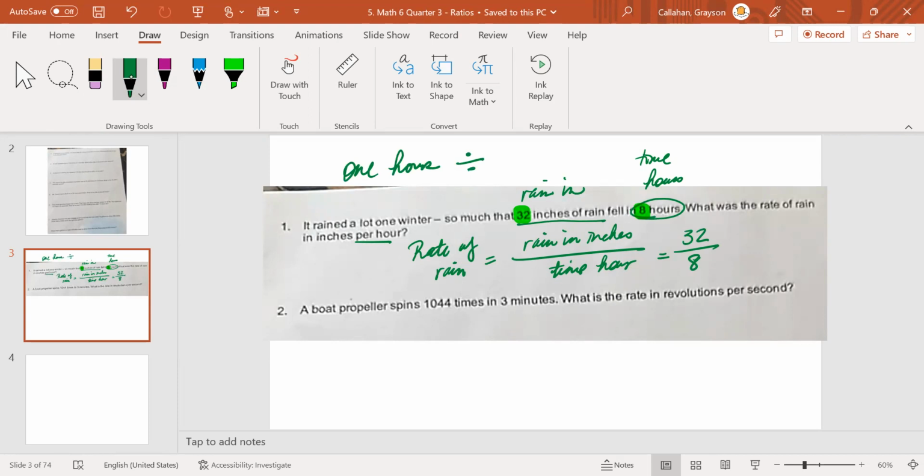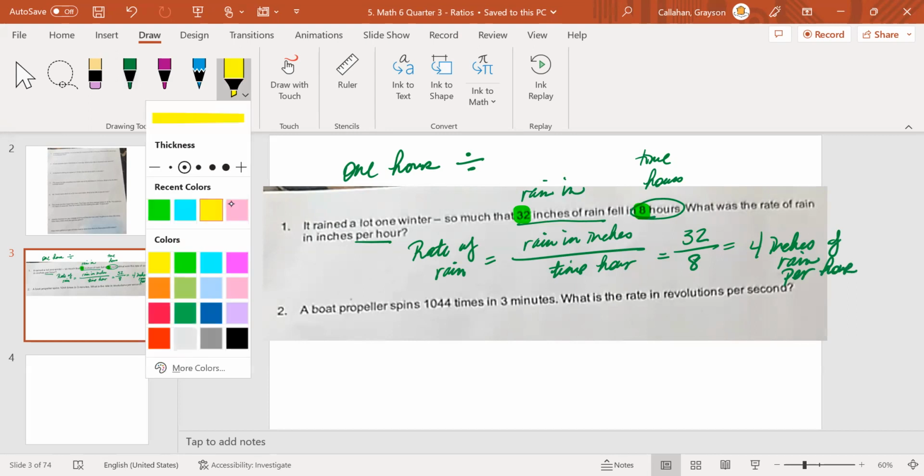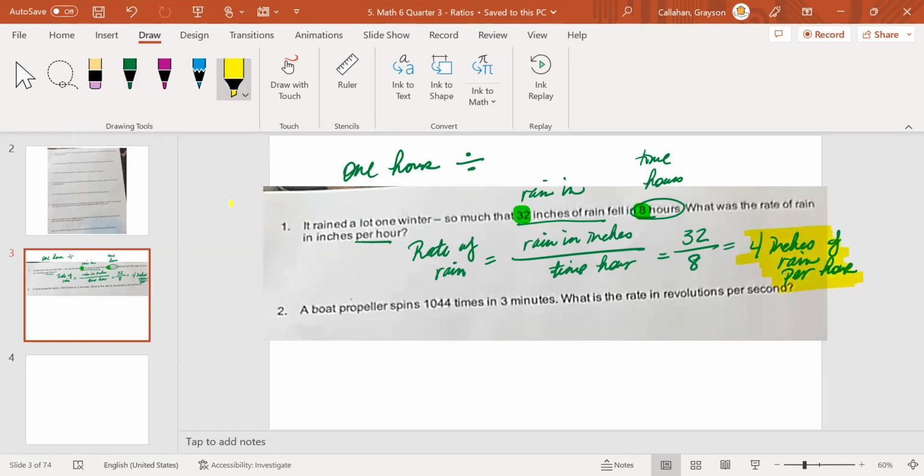Do you see that? You need to make sense of that. Do you understand why it's divided? It's saying, how many hours does it squeeze into 32 inches of rain? 32 divided by 8 is 4 inches of rain per hour. That's your answer. And you'll have this video to watch later, but it's division, okay?